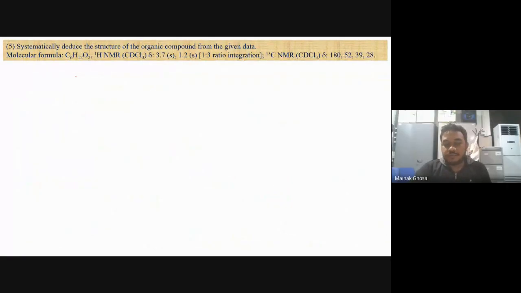Now coming to this problem where I have C6H12O2, the molecular formula. You see 4 different carbons are present in this molecule.